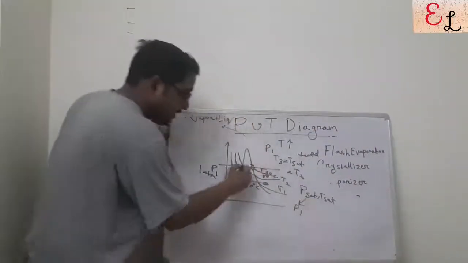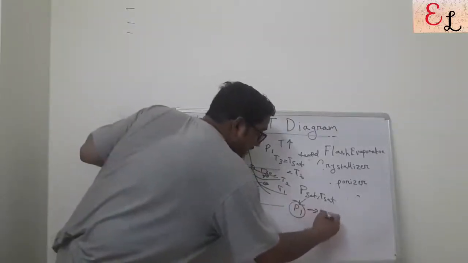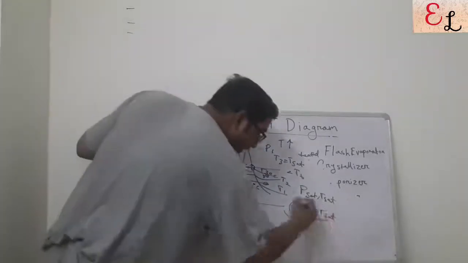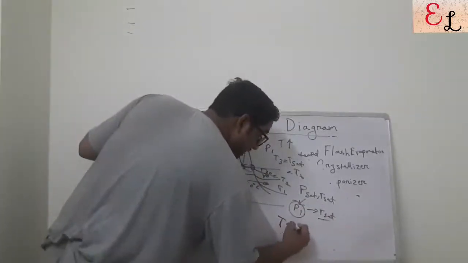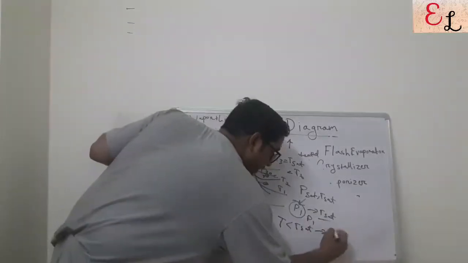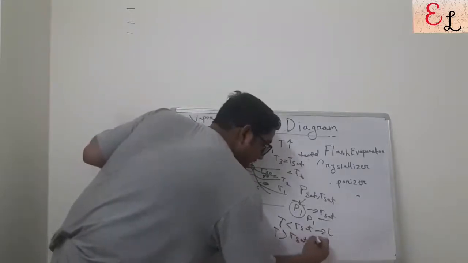And this is the coexisting phase. So for P1 pressure, Tsat is my boiling point, that is saturation temperature. Any temperature less than Tsat at that particular P1 will result in a liquid. Anything greater than Tsat will result in a vapor state.